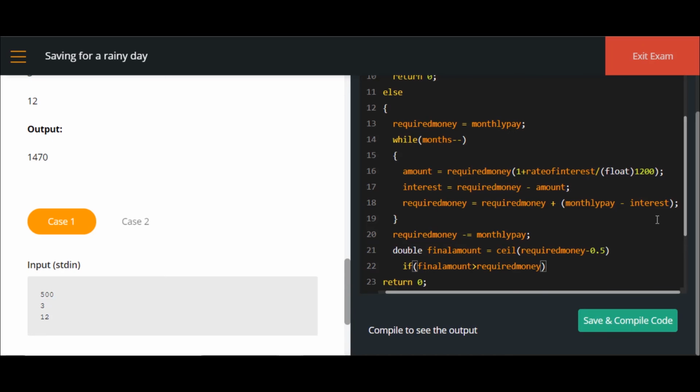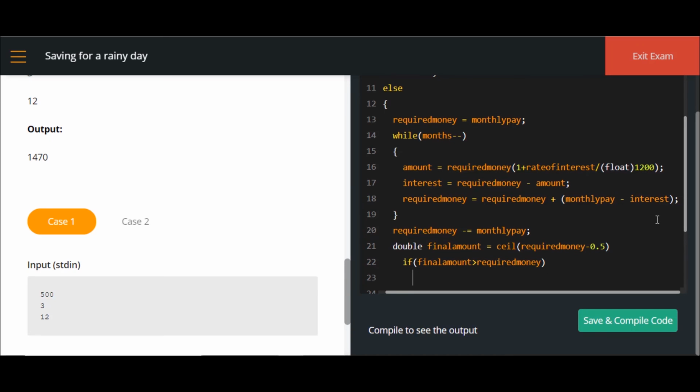So if the final amount is greater than the required money, I'll have to update my final amount as ceil of required money. Right? So how would you round off 1470.63? So 1471 is the proper thing, right? So you'll have to go with ceil function.